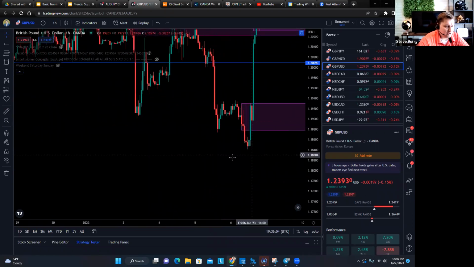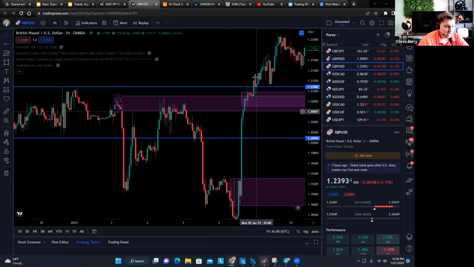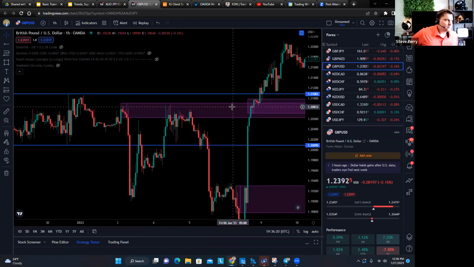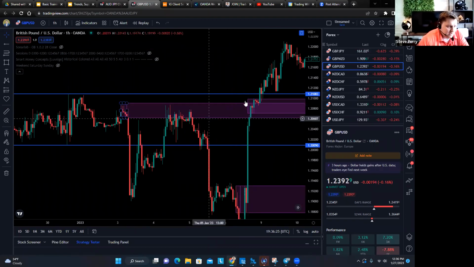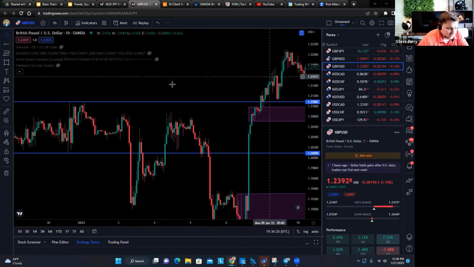Great opportunity, but then ultimately it comes back up and it breaks its age-old resistance. I think it's interesting that this demand zone used to be a supply zone. It's really interesting, the same area. But now I'm going to delete that one and just use that demand area. So now the market breaks above resistance.